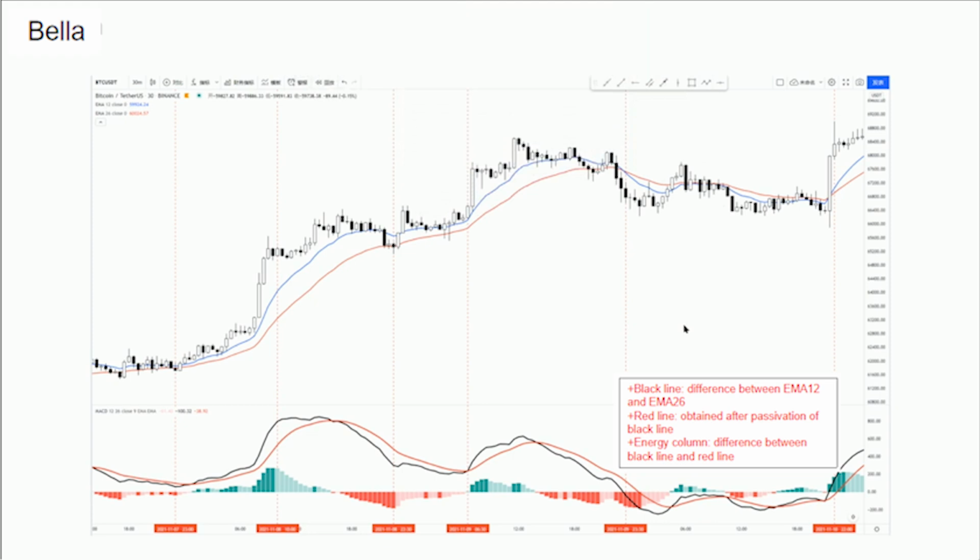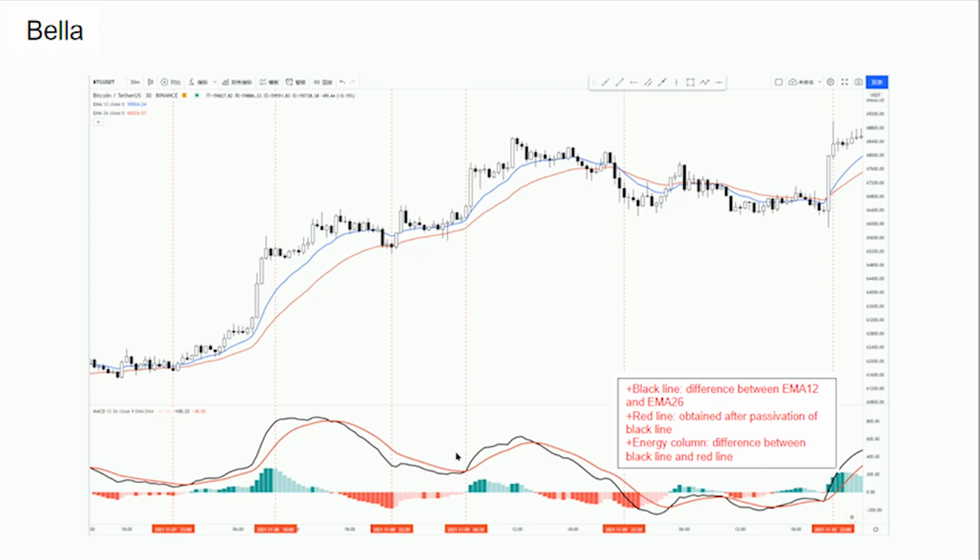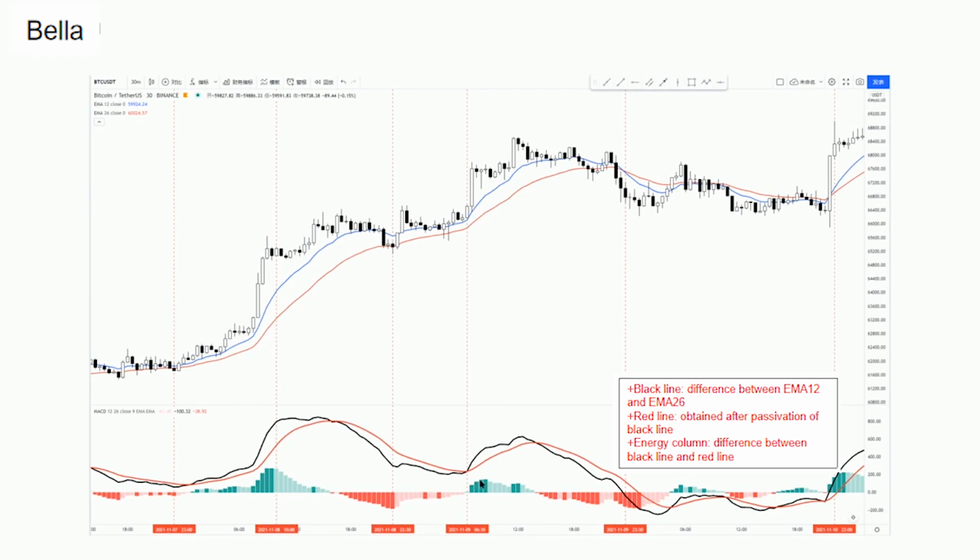What about the back section? Look at it here. In the back section, the MACD line is below the zero axis, which means EMA 12 minus EMA 26 is a negative value. If EMA 12 coincides with EMA 26, the difference between them is zero, and the MACD line will be at zero.